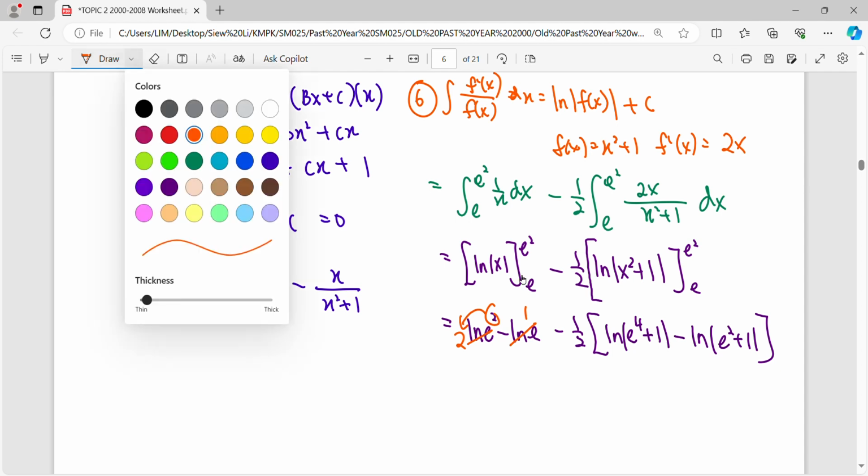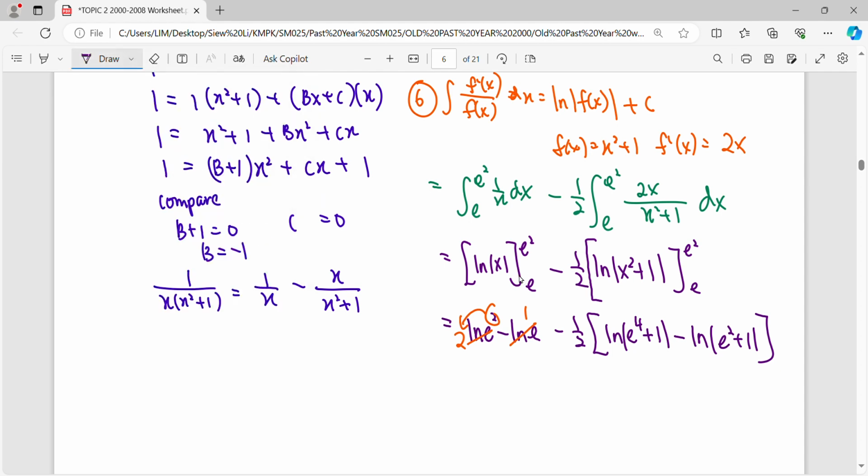Therefore, that part is 2 minus 1, which is 1. Minus 1 over 2, ln minus ln, which can be divided.